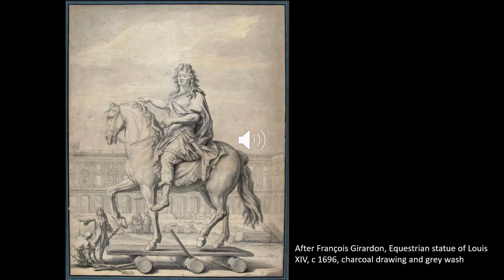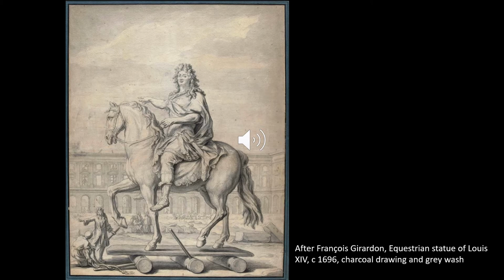So the king in this combination outfit sits astride his horse with neither saddle nor stirrups. Now, Girardon drew his inspiration from the ancient statues of former rulers, especially of Marcus Aurelius in the Capitol in Rome, a statue that I'll show you later.